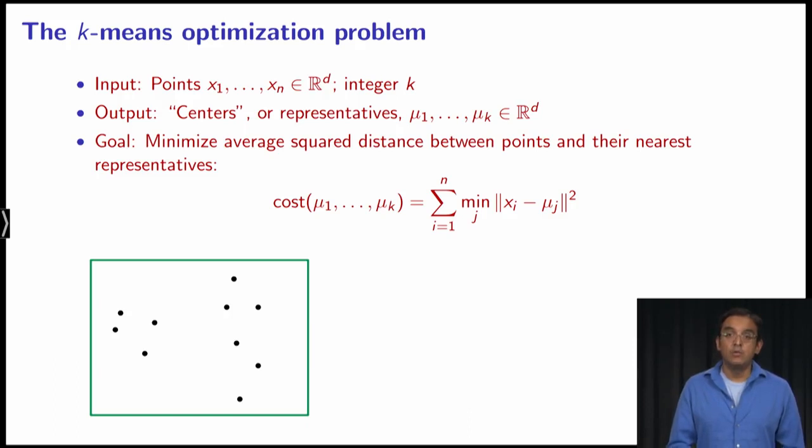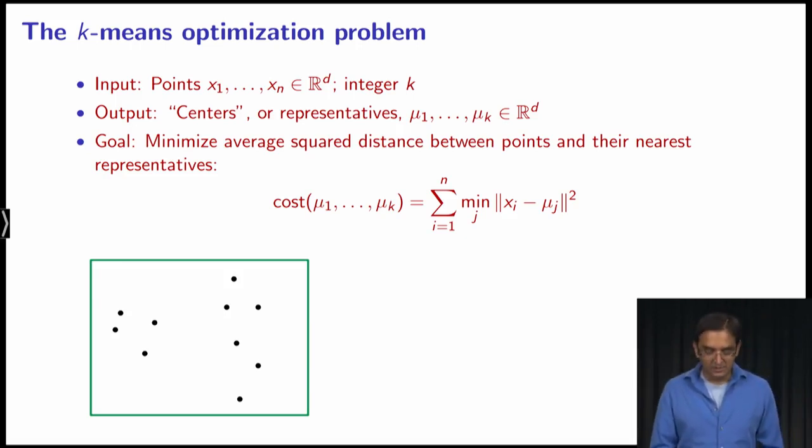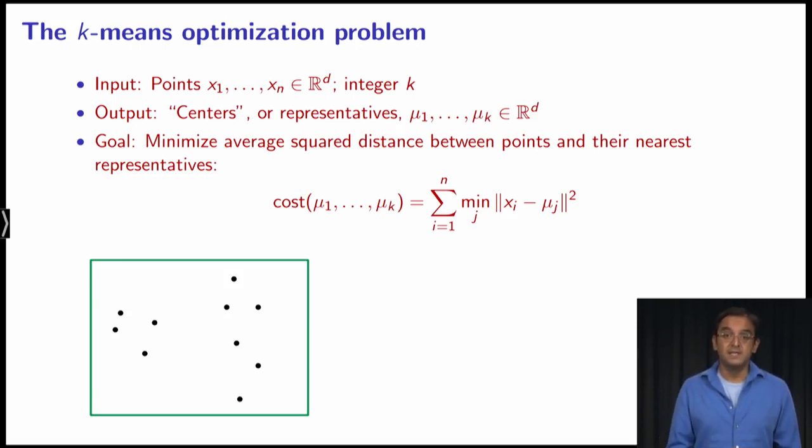Okay, what we're going to be doing essentially is thinking about replacing each point by its closest representative. So the goal is to minimize the distortion that gets induced by doing so. Okay, so the way we formalize this precisely is that we want a set of centers such that the average distance from a point to its closest center is small.